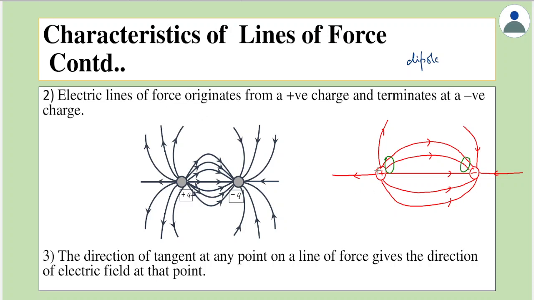Example, this is not so much close, it will have a very small deviation. It's almost a straight line with a very small deviation. Same here also, these will have a small deviation. So this is the configuration of electric lines of force for a dipole.